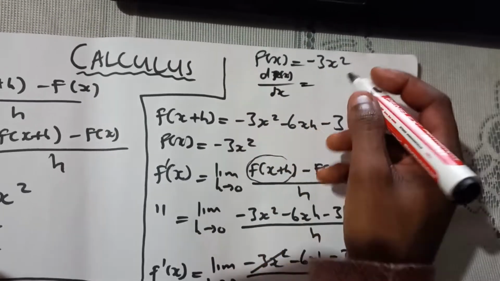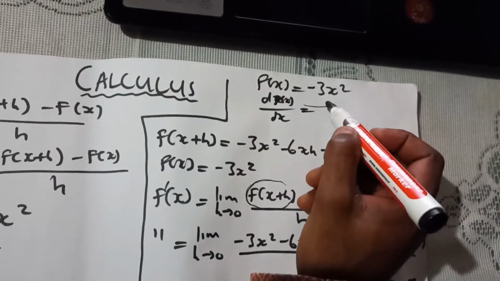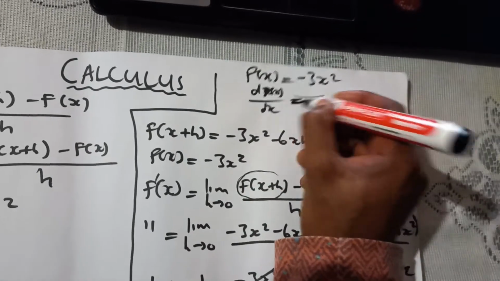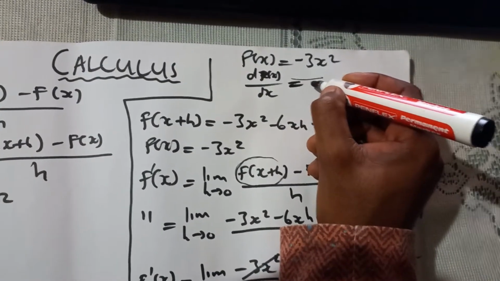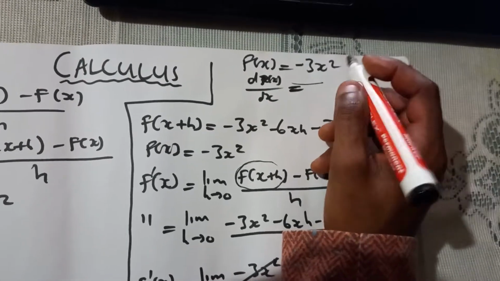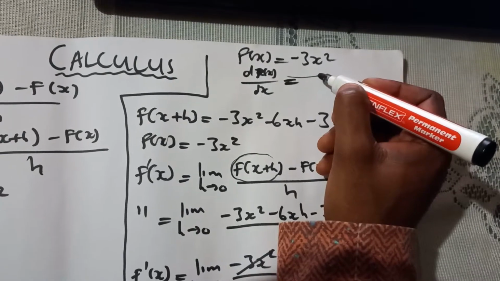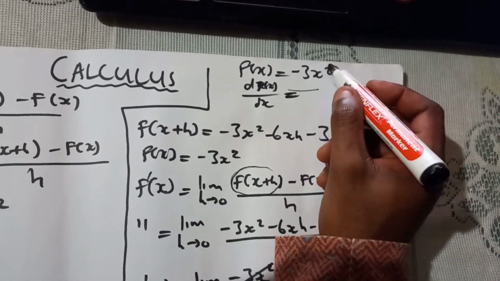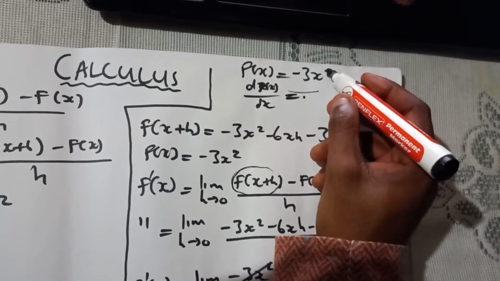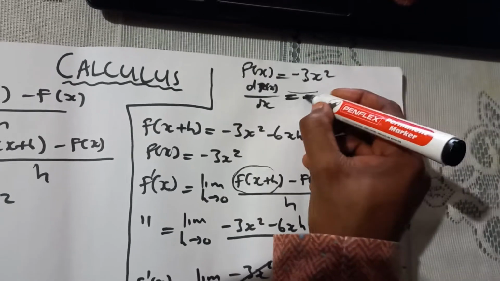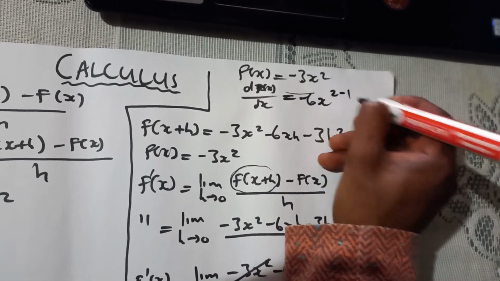So basically we are differentiating our function with regards to x. So if you are going to do that, that means we are going to differentiate where there is x. So we are going to say 2 multiplied by negative 3, that's negative 6x, and then 2 minus 1.